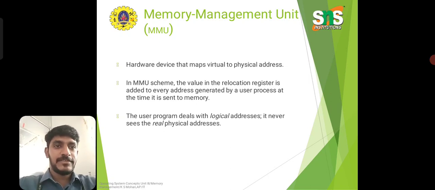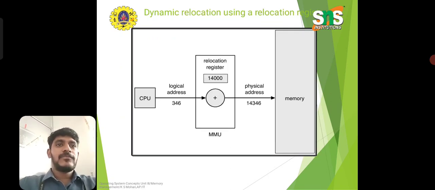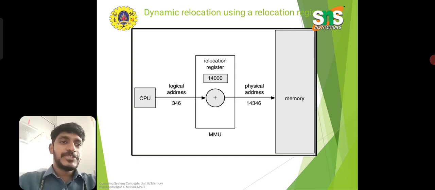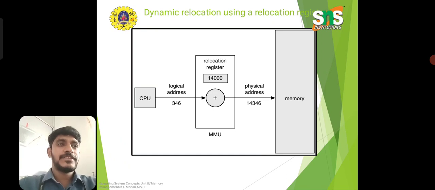It never sees the real physical addresses. Then comes dynamic relocation using relocation registers. The CPU generates a logical address, for example 346, and the relocation register and MMU produce the physical address. So in this lecture video, we discuss dynamic relocation using relocation registers.